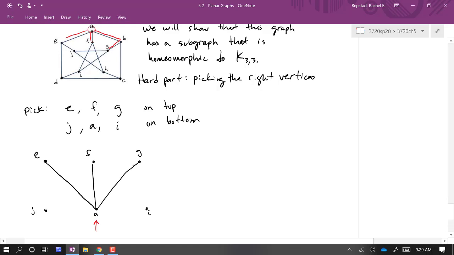I've got a pair of edges. It just has to go through vertex B.